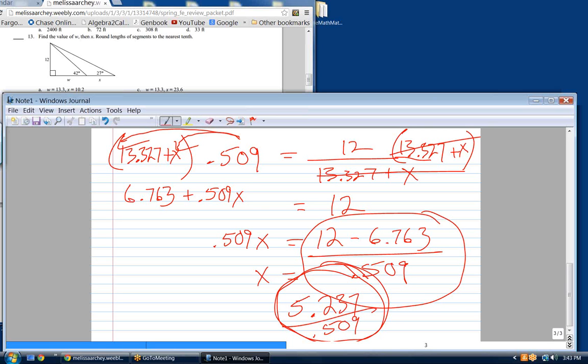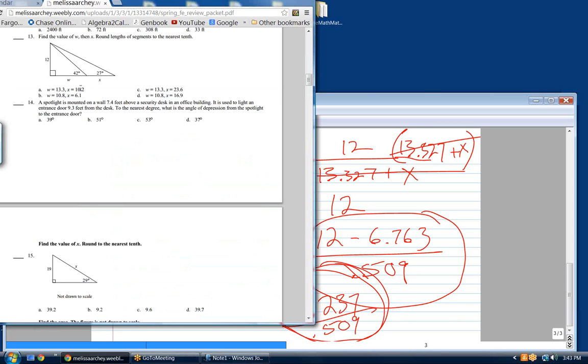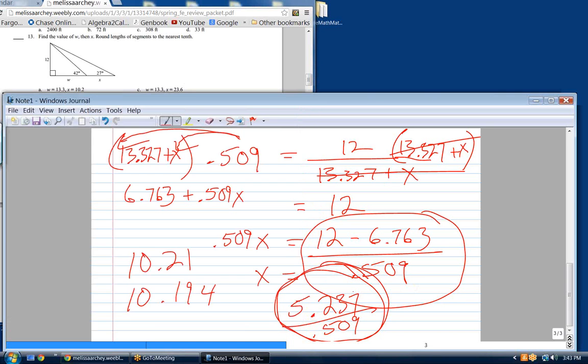In other words, it shouldn't matter. Having these last two digits is not going to change the order of magnitude at all. It might make it 10.21 instead of 10.194 like I got, but notice our choices are 10, 6, 23, and 16.9. So all I really needed was the ballpark.